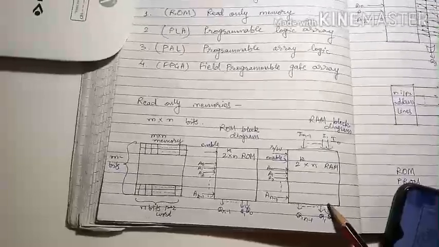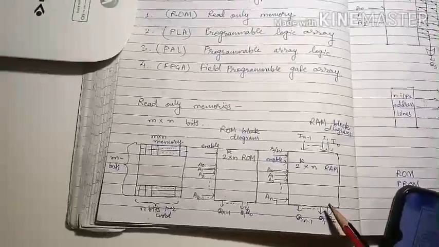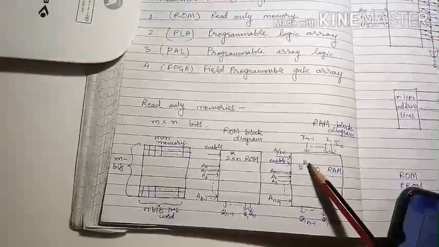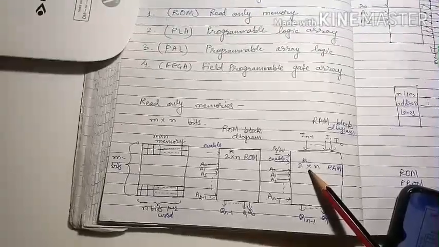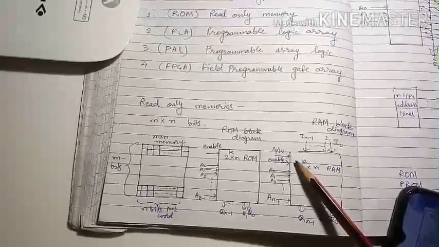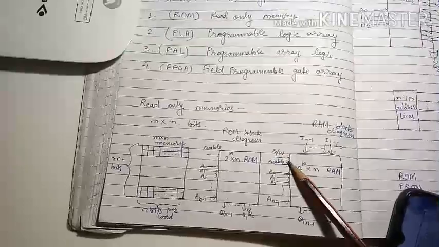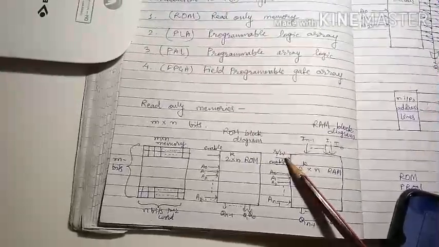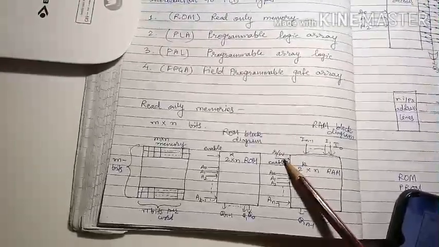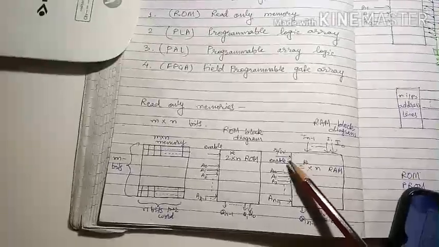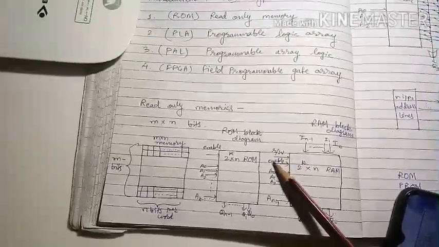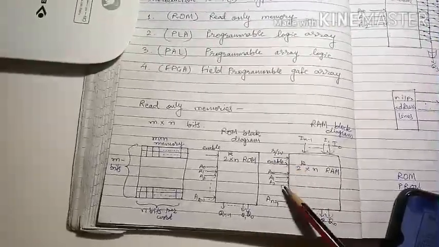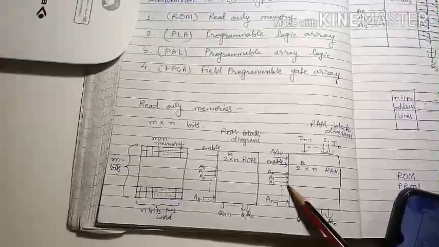The third diagram is the RAM block diagram. So 2 raised to k by n, and here there is a control signal, read or write. Either a read operation will be performed or a write operation will be performed. If the enable signal is high, then only any type of operation can be performed.